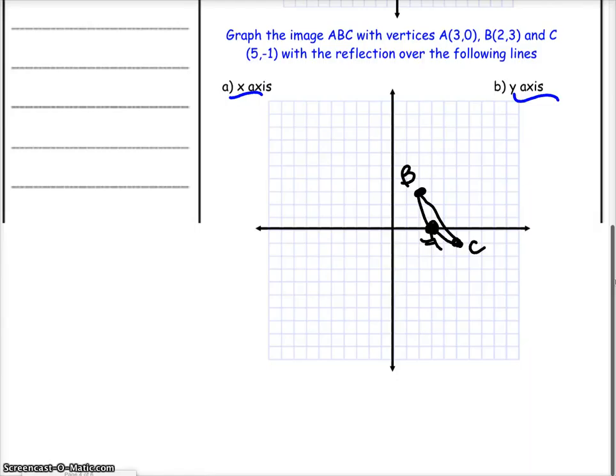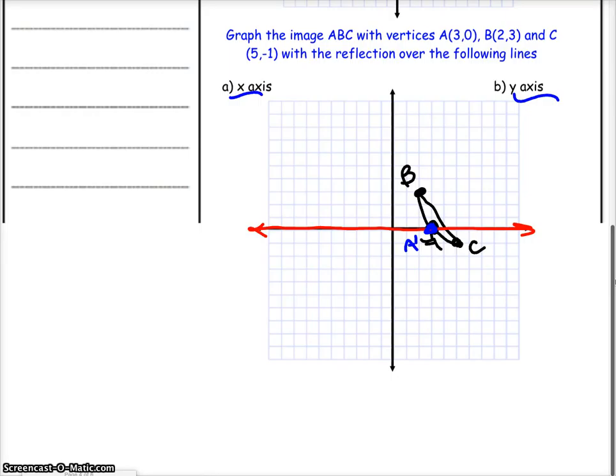All right, now I'm going to reflect it across the x-axis. So remember what I said, I like to highlight the axes I'm flipping over because otherwise I get a little confused sometimes. So that's where my eye is focusing on right now. So now I'm going to make this image blue, my first one. So how far away is A from the x-axis? 0. So A prime is going to be 0 away.